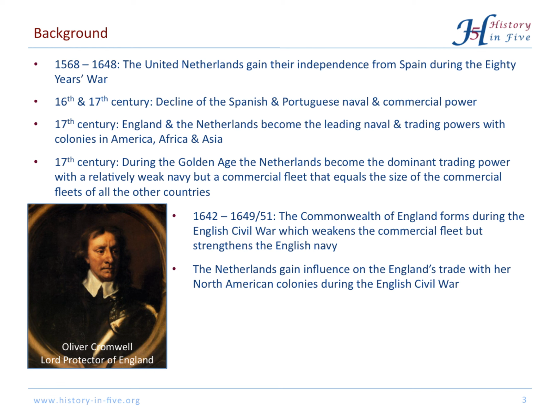In England there was a civil war and the Commonwealth of England was established, meaning the monarchy was temporarily abolished. This weakened the English commercial fleet, but the navy was still strong. The Netherlands in this time gained influence on England's trade, especially with the North American colonies.